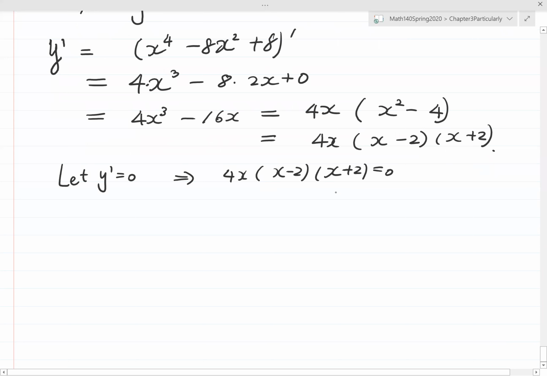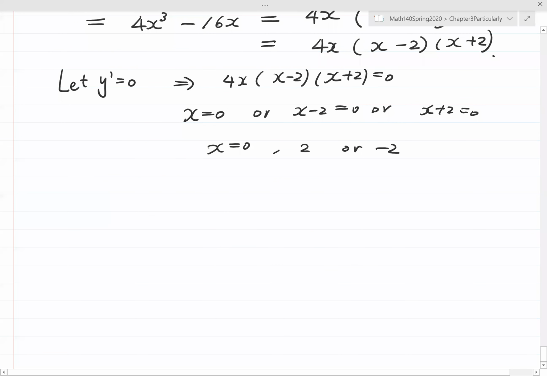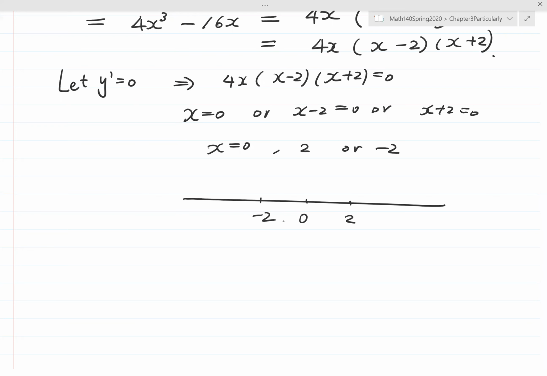So one of the factors is 0: x is 0, or x minus 2 is 0, or x plus 2 is 0. So we get x equals 0, 2, or negative 2. It has three roots: 0, 2, minus 2. And then we look at its intervals and see when y prime is positive or negative.